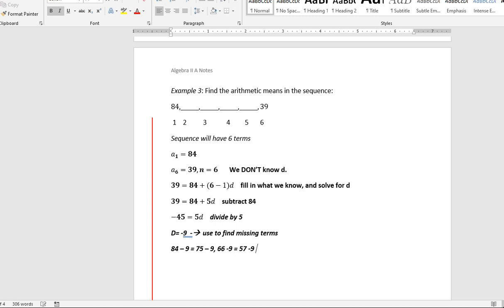Minus 9 again is 48. Oops, that should be an equal sign there. Okay, so we've done all this work and now we have our terms. So the arithmetic means are the missing terms. So it is 75, 66, 57, and 48. That's your answer right there.